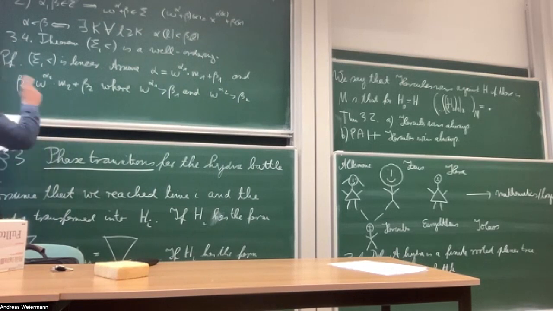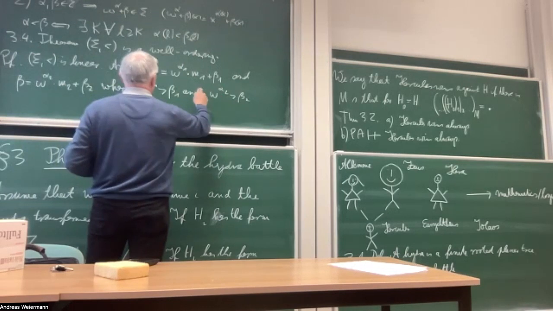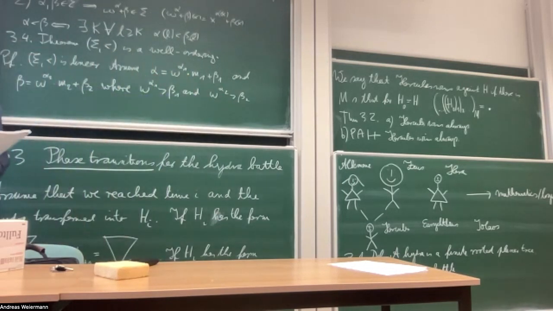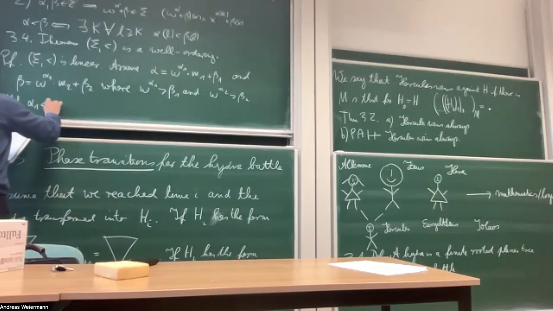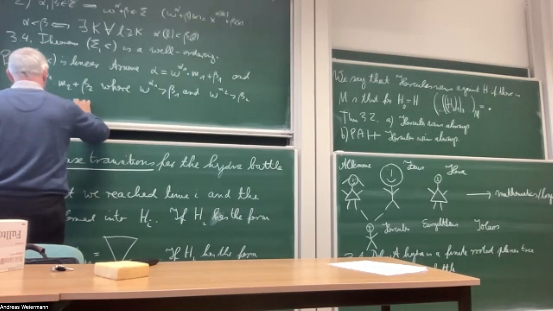I make a case distinction. By induction hypothesis, I can compare the exponents, and I can consider the case alpha 1 is smaller than alpha 2, or alpha 1 is equal to alpha 2, or alpha 1 is bigger. So if alpha 1 is smaller than alpha 2, then what is going to happen?